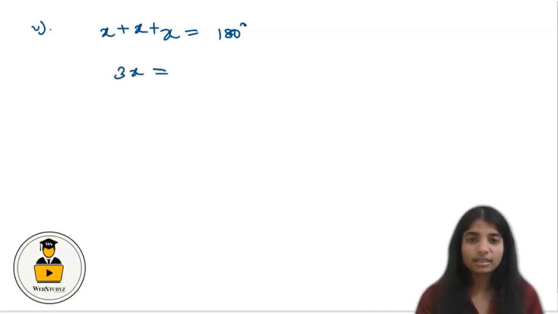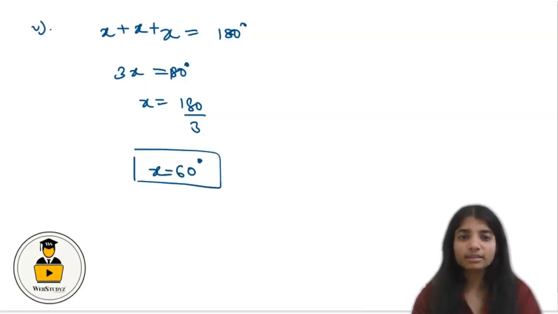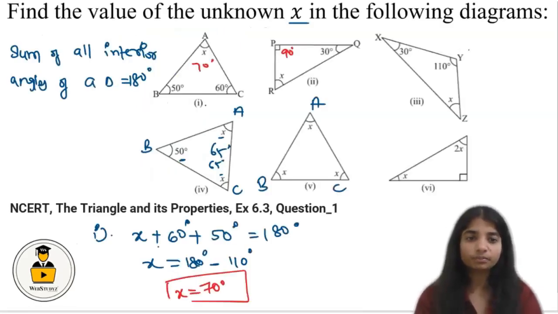So we can write this as 3x is equal to 180 degrees, which means x is equal to 180 divided by 3. When we divide 180 by 3, we get x equal to 60. So all the angles of this triangle are 60 degrees, 60 degrees and 60 degrees. This is the answer to part 5 of this question.